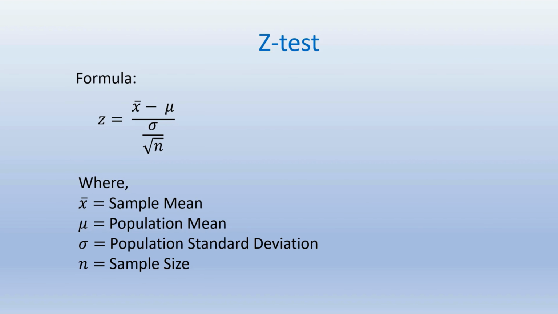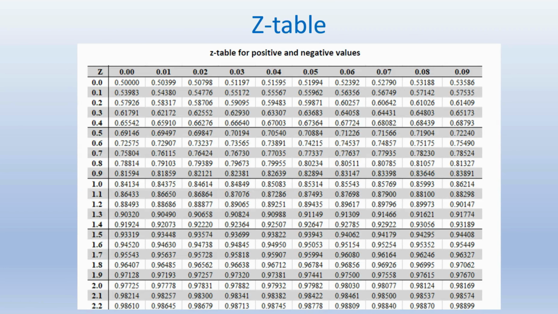After calculating the z-statistic using this formula, the calculated z-statistic, or z subscript calc, is compared with the z-critical that is obtained from a z-table like this, which is available at the back of any statistics book.